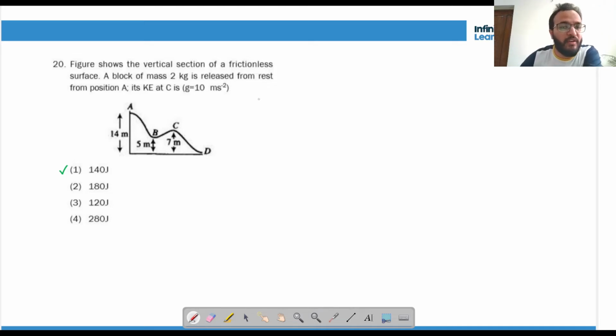Now your figure shows the vertical section of a frictionless surface. A block of mass 2 kg is released from here. Find its kinetic energy at C. Simple.